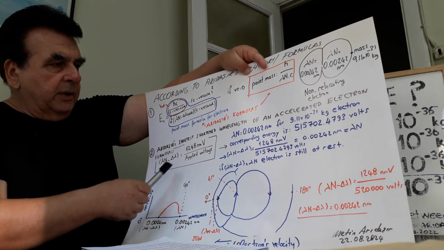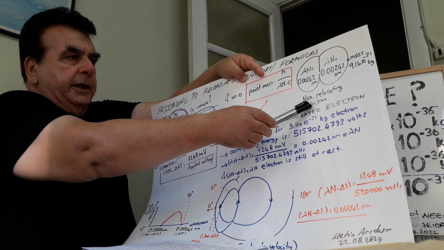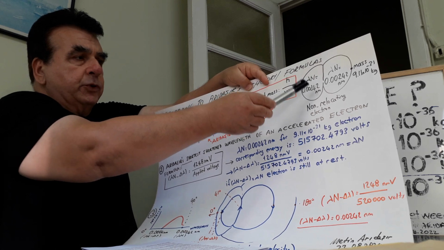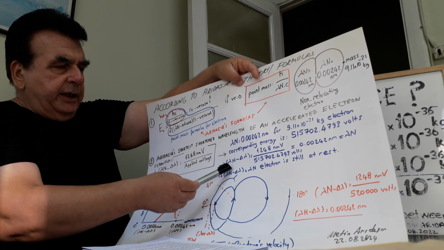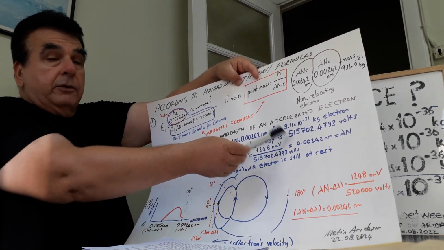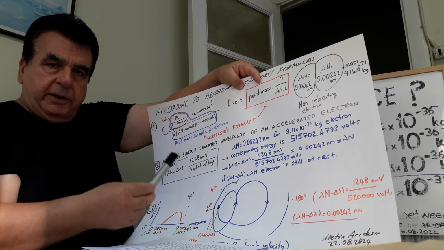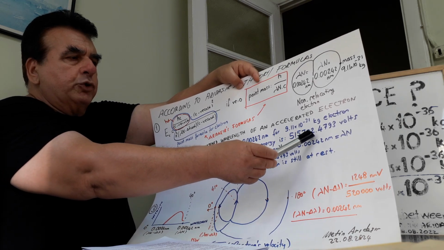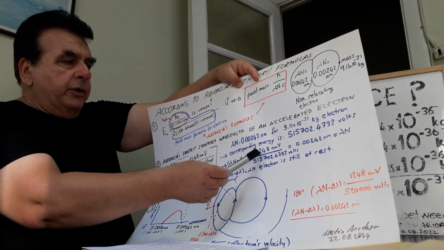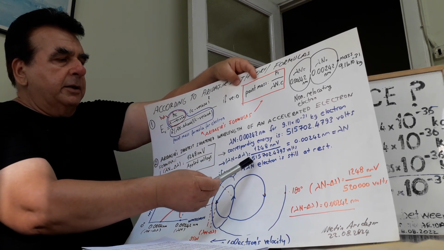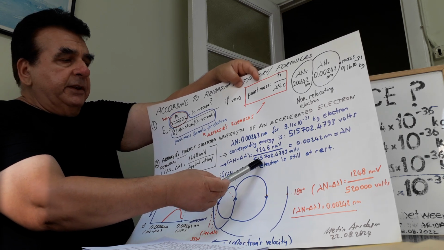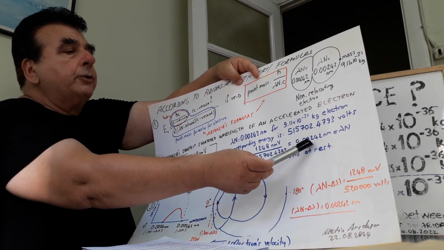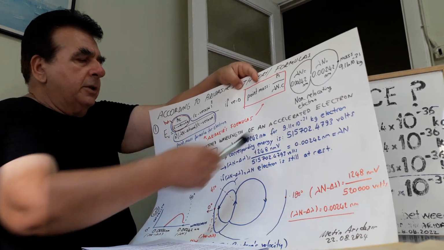For the non-relocating electron with 9.11 × 10⁻31 kilogram and 0.00242 nanometer wavelength, the voltage, which according to me is energy, is 515,702.4 volts. 1.248 nanometer divided by 515,702.4 volts equals 0.00242 nanometer.